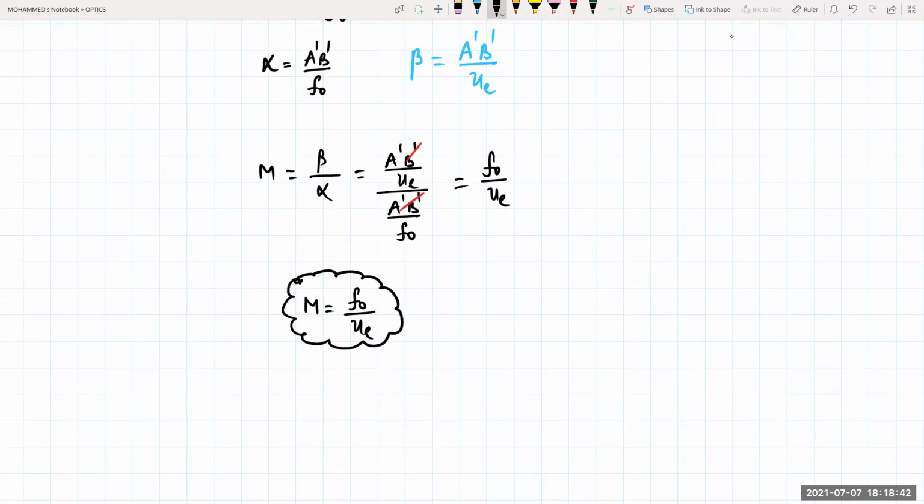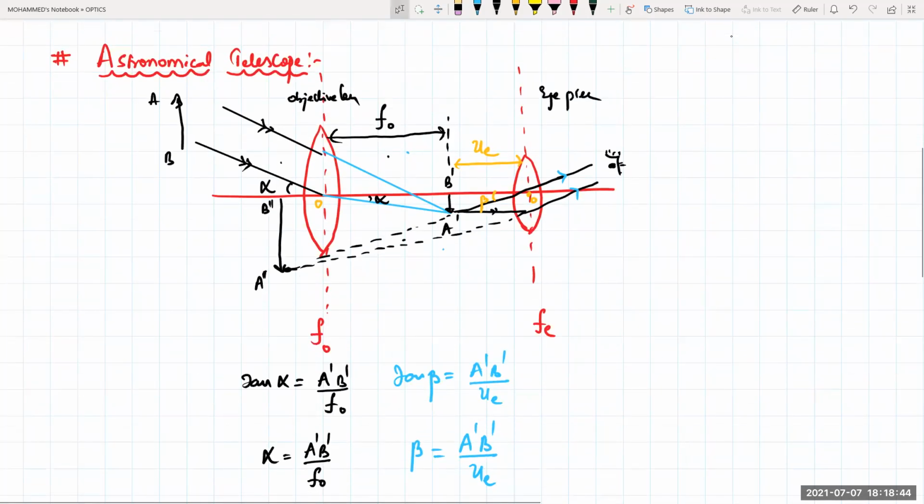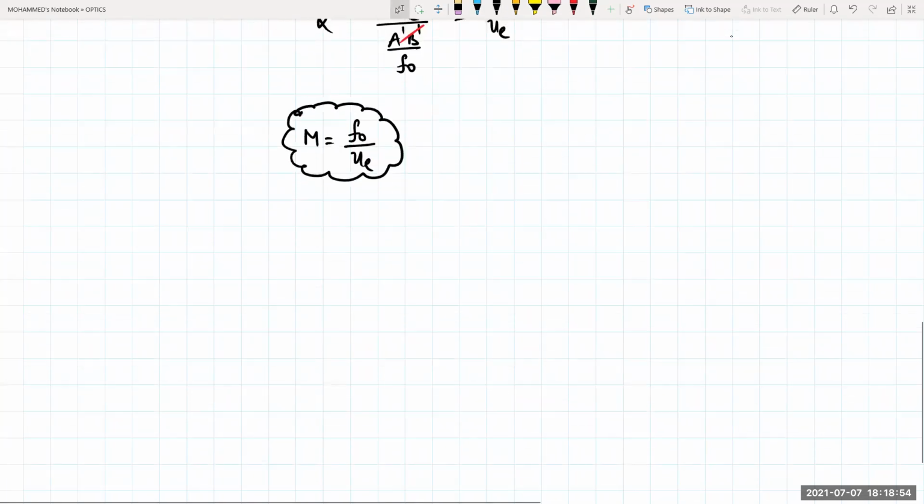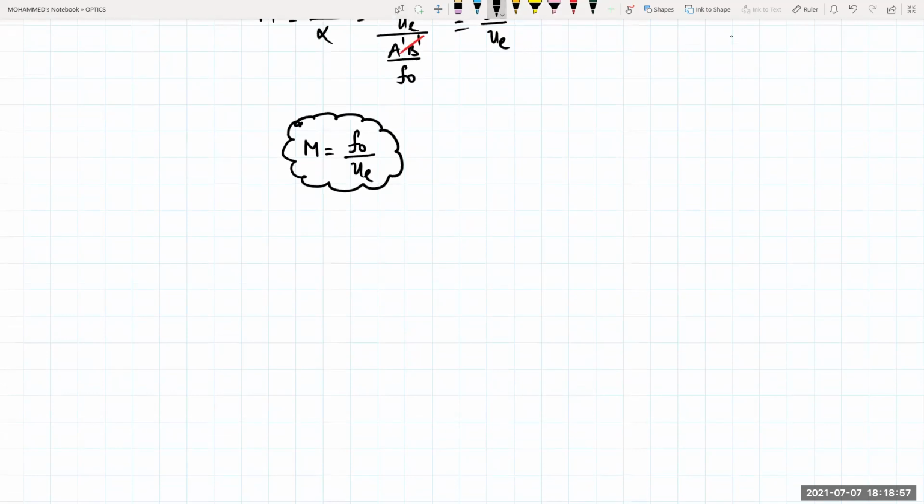Clear? What will be the length of the telescope? From here to here, this will be the length of the telescope. So this length will be equal to what? F naught plus UE. So the length of the telescope, this L, will be equal to the magnitude of the focal length plus the magnitude of the focal length of your eyepiece.